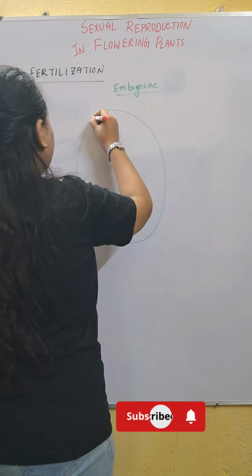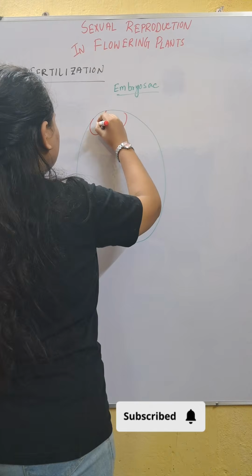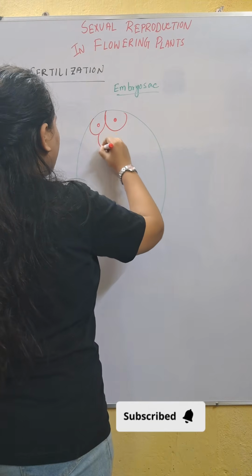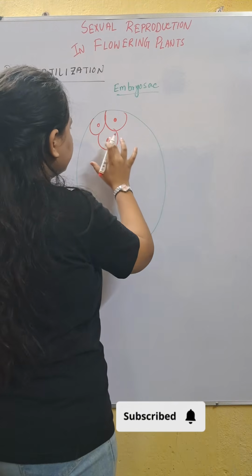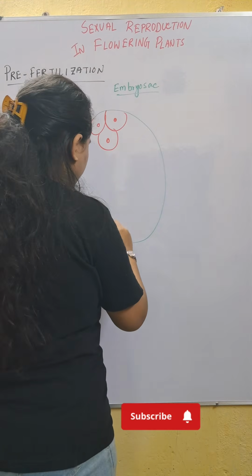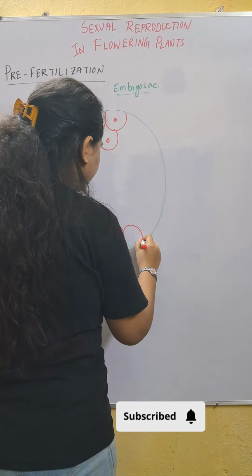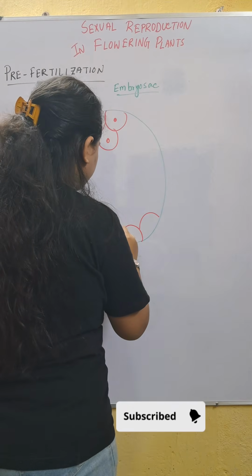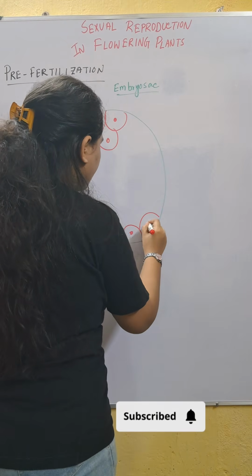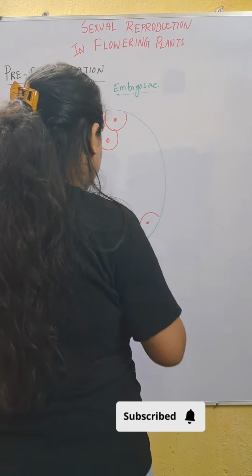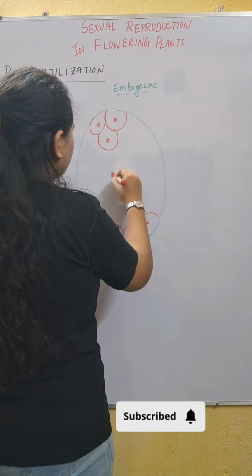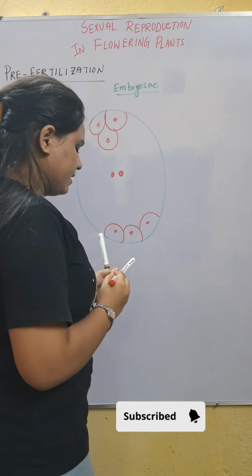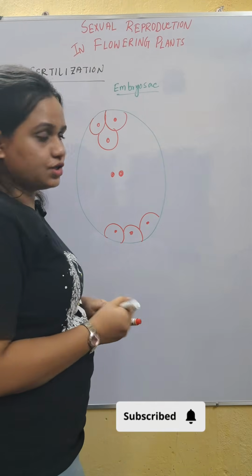Towards the micropyle there will be 2 cells and 1 bigger cell. These 3 cells can be differentiated. Here we have 3 cells of the same color and texture, and in the center we will find 2 nuclei. Let's understand their names and functions.